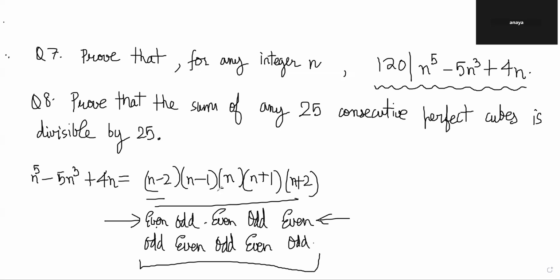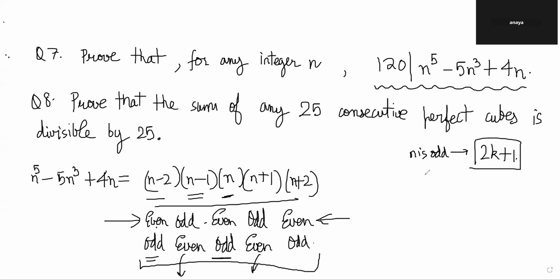So basically, let's take that case. Here n is coming as odd, right? And in that case, notice that you have a product of two even numbers. If n is odd, n can be written as 2k plus 1, right?